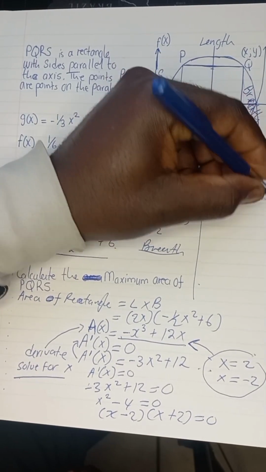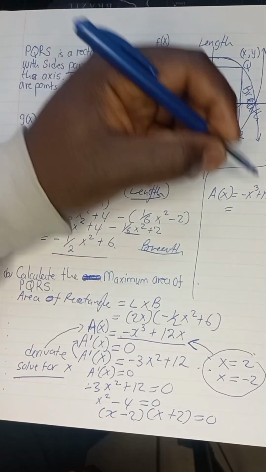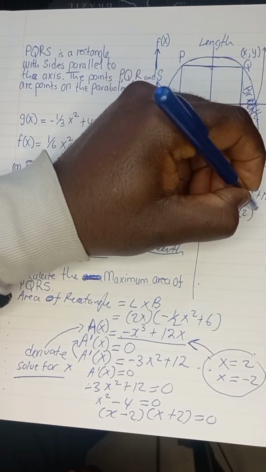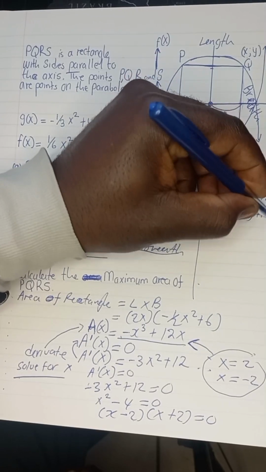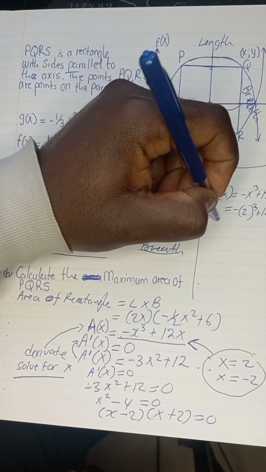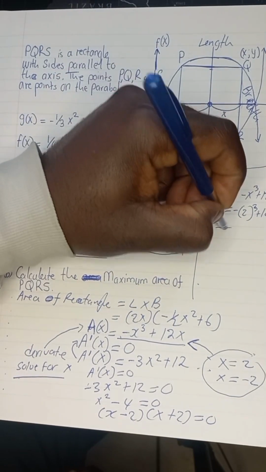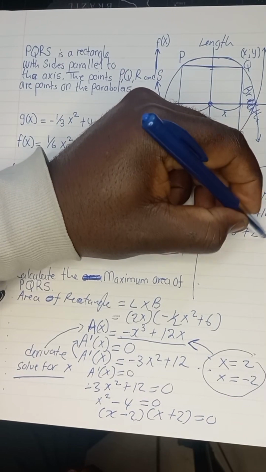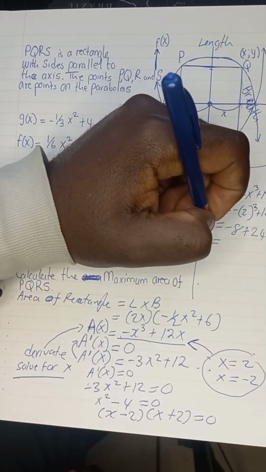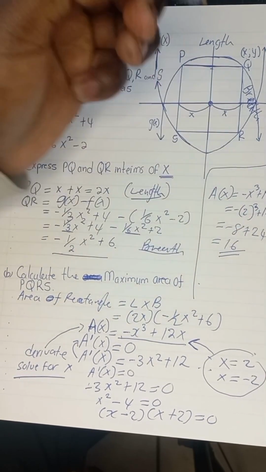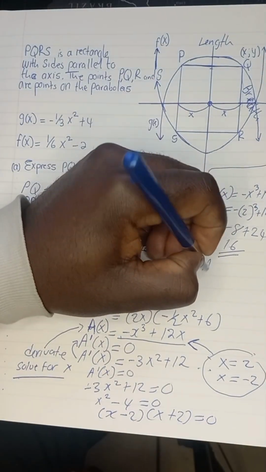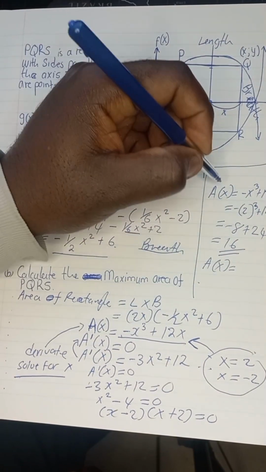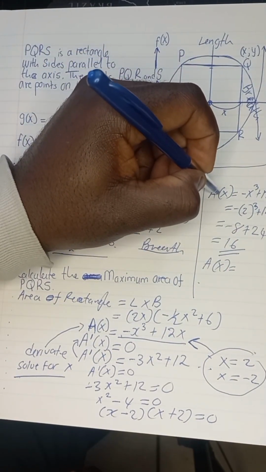As you can see, I'm replacing on that equation which is negative x cubed plus 12x. Wherever there is an x, I'll replace with a 2, and it will give me the final answer, which I'm sure will be 16. So on the other one, I'm sure you'll get negative 16.